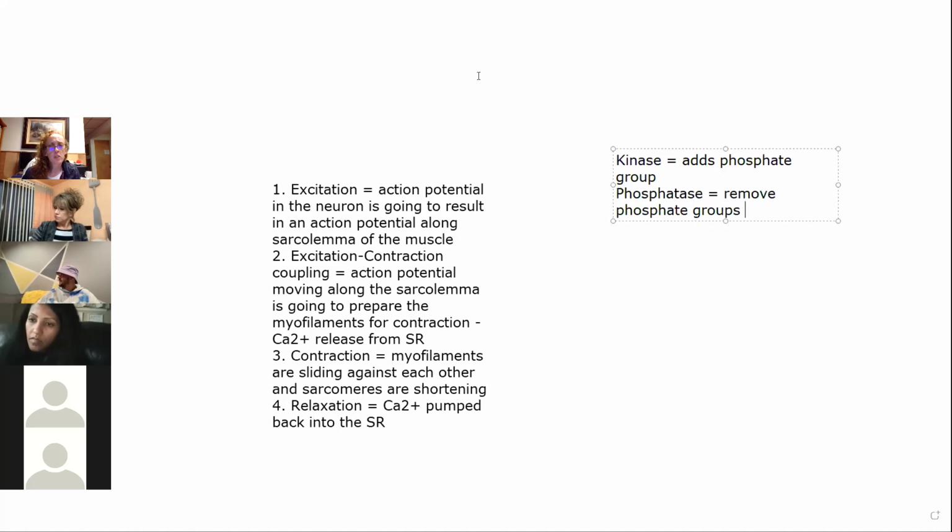So that's the difference between those. So a myokinase is going to work in muscle to add phosphate groups to ADP, because that's what myo means, right? Muscle.